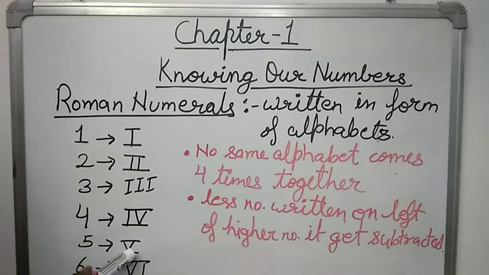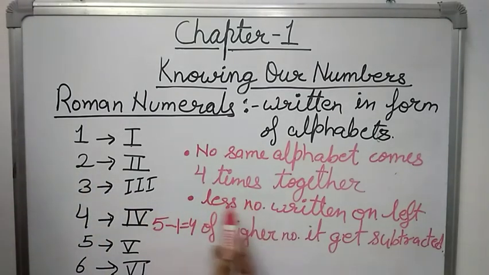This V is for 5, but we are writing it also in 4 with one I on the left hand side of this V. So when this I comes before, or on the left side of this V, that means it is 5 minus 1, which is equal to 4.